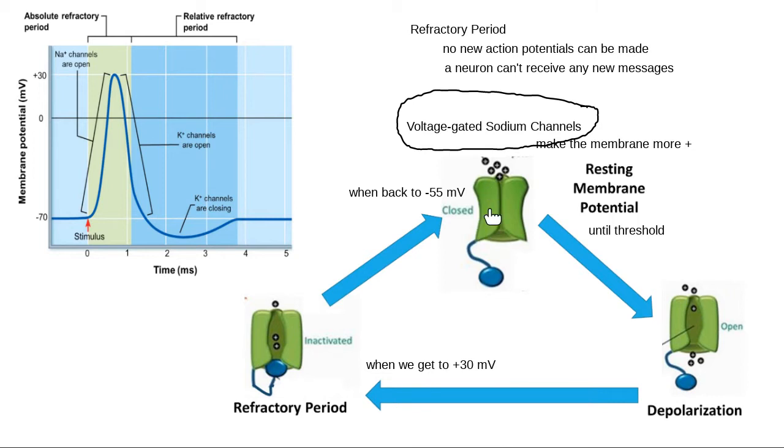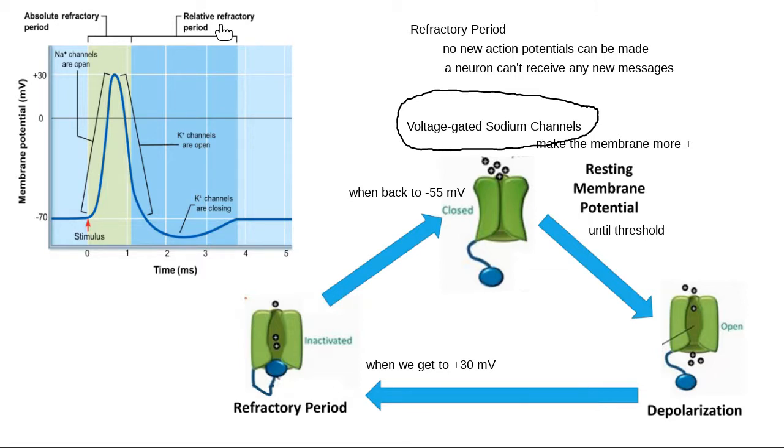Once I get them back to the correct shape where they could open and they could let new sodium in, now I've entered what's called the relative refractory period. The relative refractory period is when I could receive a message. It's just going to be hard.